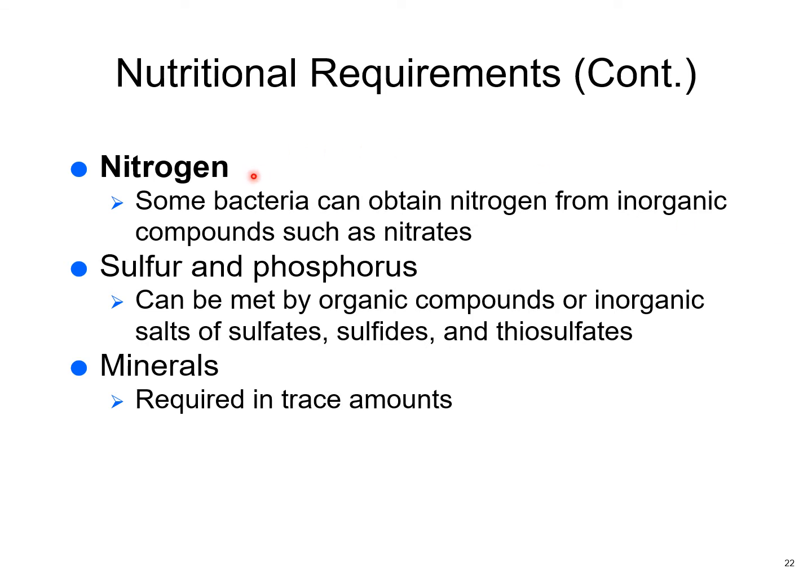Nitrogen. Nitrogen is essential for all living organisms that we know about because it's important as part of your protein, and it tends to be a limiting factor for bacteria. The atmosphere is absolutely full of nitrogen, but it's not in a usable form. Now, some bacteria can take inorganic compounds such as nitrates and get their nitrogen from that.